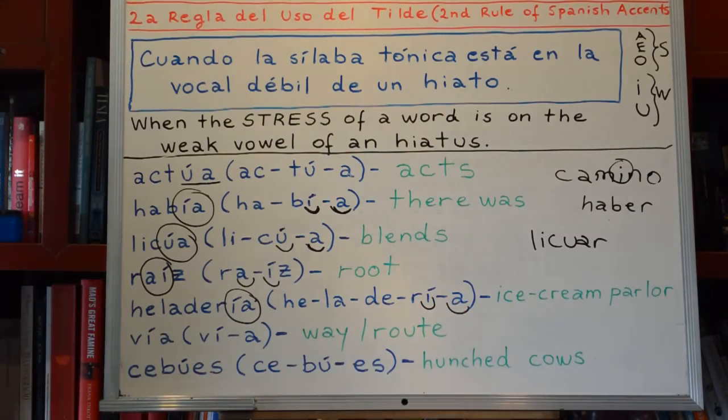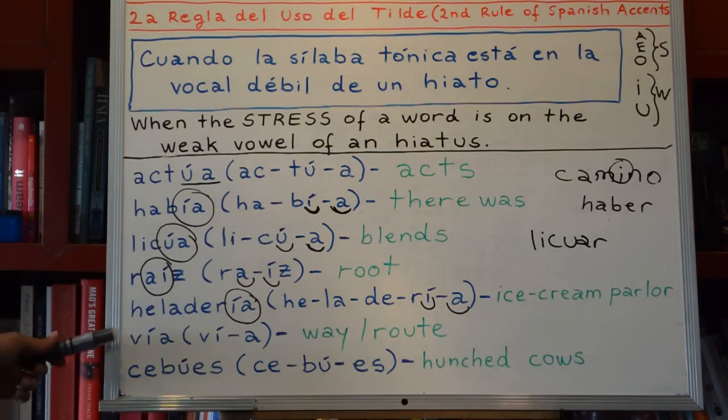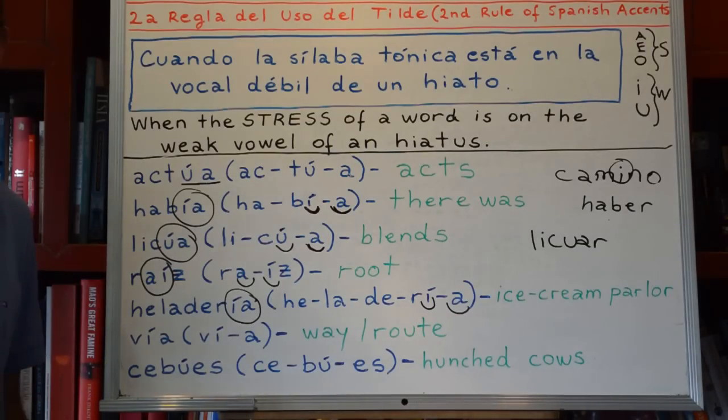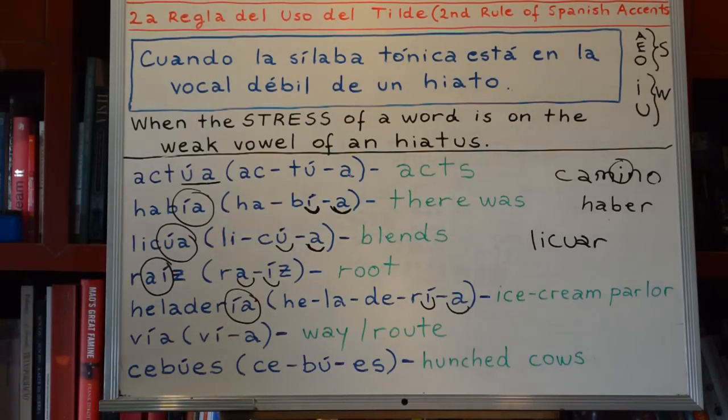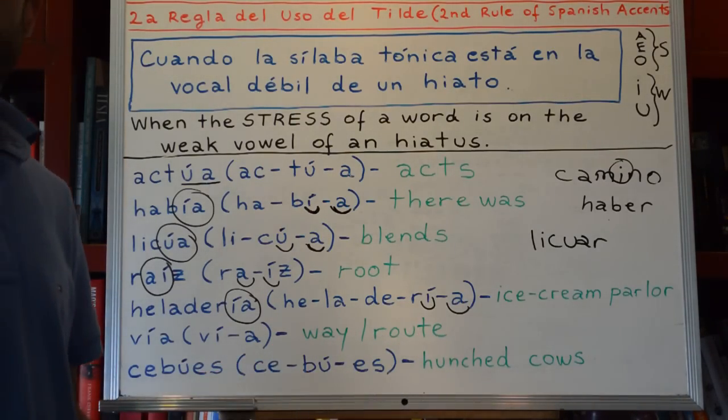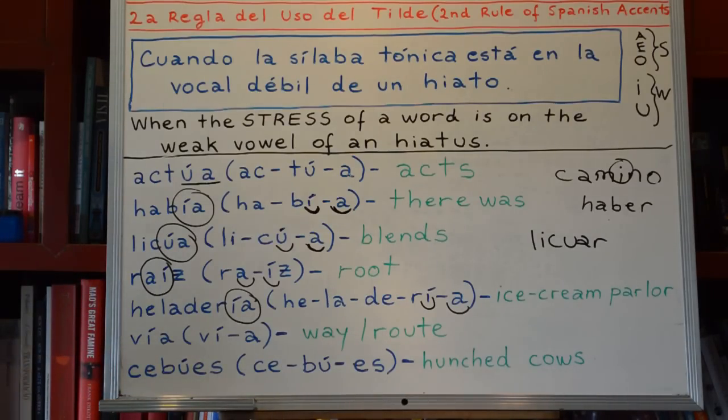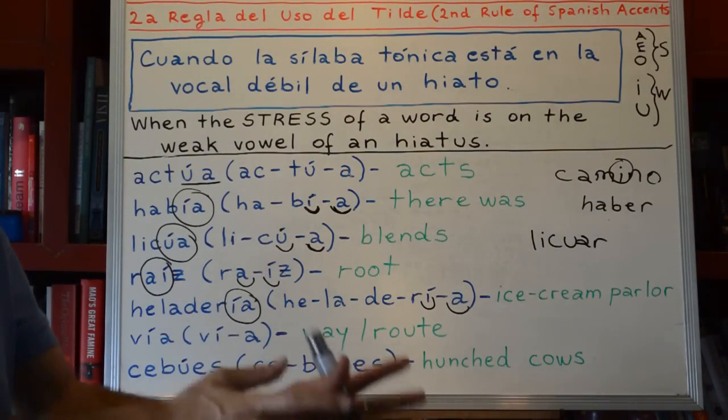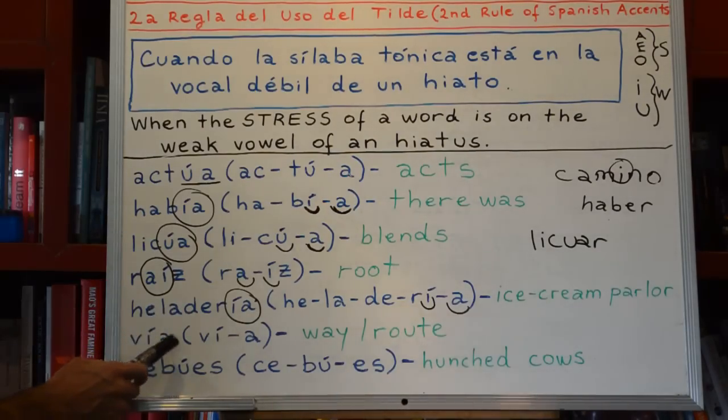Okay, our next example. Vía. Vía means a way or a route. Okay, a way or route along which a car or a person or a chariot or whatever goes. Vía can be a water channel as well. That can also be a vía, right?